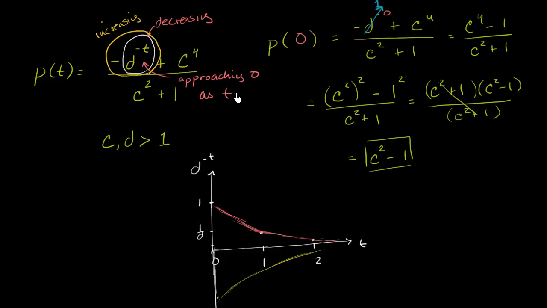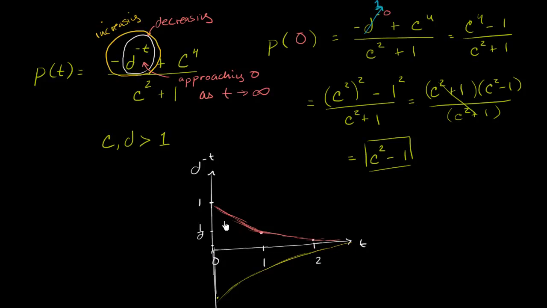As t goes to infinity, if this is approaching 0, that means we're approaching subtracting 0. So this whole yellow thing, the negative d to the negative t, is increasing, but it's increasing at a smaller and slower rate. This is the negative d to the negative t right over here. You see it increases, but it never quite gets to the horizontal axis.